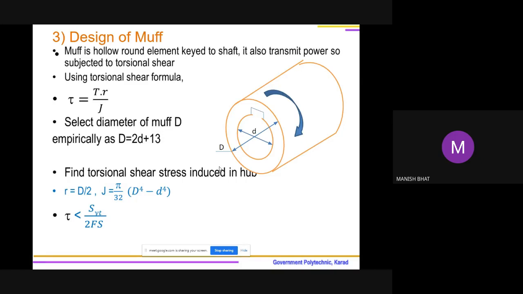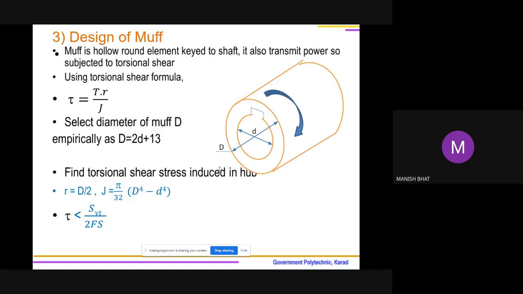Our strength equation becomes tau is equal to T multiplied by capital D by 2 upon pi by 32 times D raised to 4 minus d raised to 4. So we can find the diameter in this particular case considering the torsional shear failure.